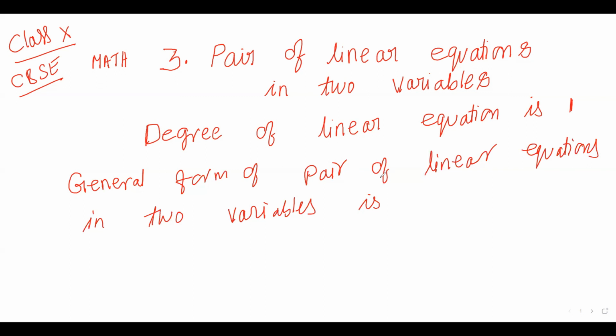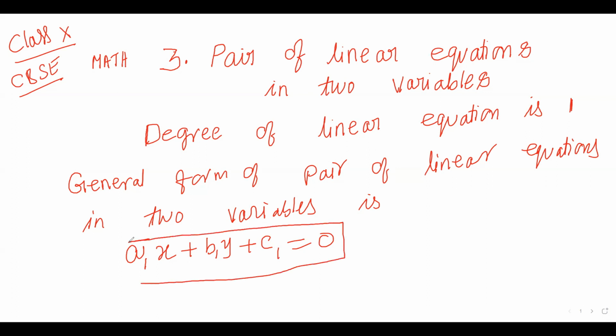Two variables are two. That means first linear equation will be a1x plus b1y plus c1 is equal to 0. This is the first linear equation in two variables.